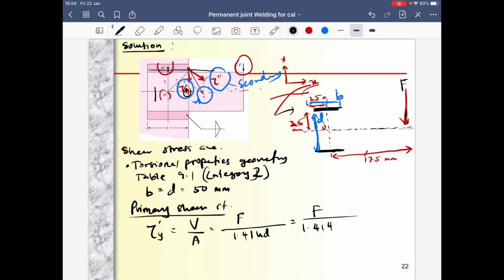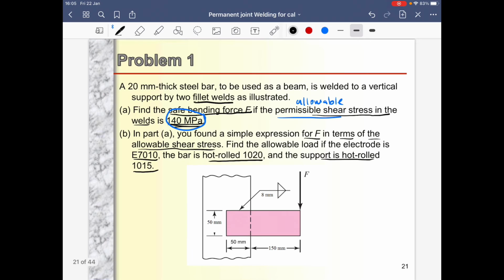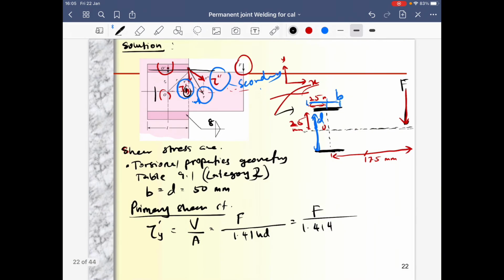What is h? h is the leg, or the weld leg. The weld leg given in the question is 8 mm. So you change it to SI units, 0.008, and then d is 50 mm, so 0.05.